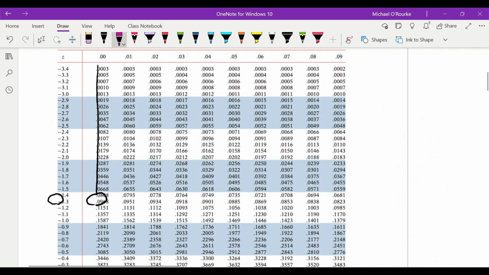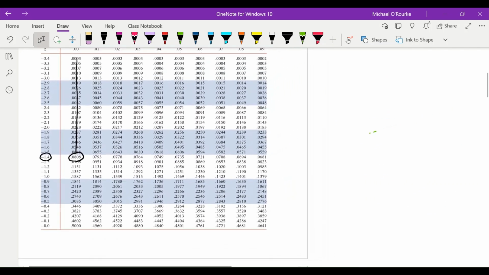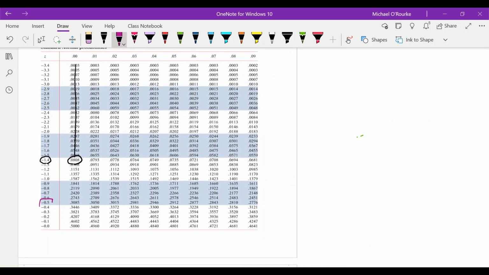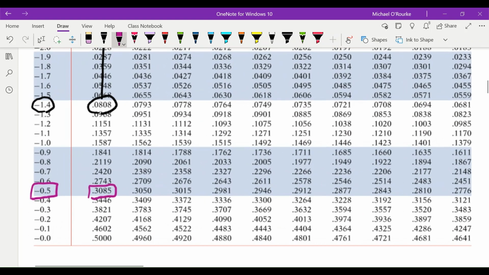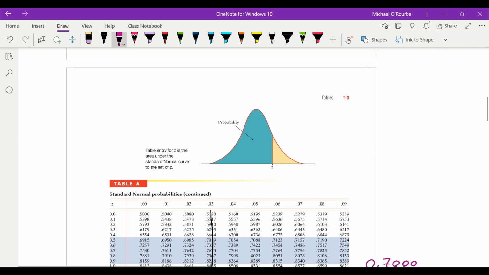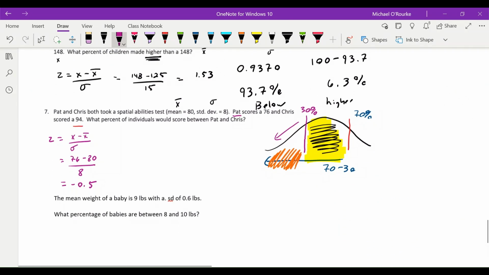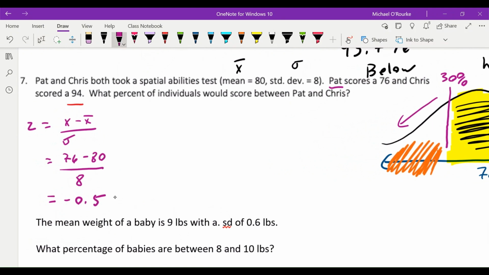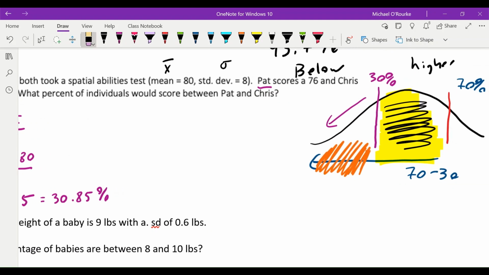Negative 0.5. Negative 0.50, so we're right here. 30.85. Okay. Negative 0.5 and then 0, 30.85. So that equals 30.85%. Okay. Pretty good guess there.